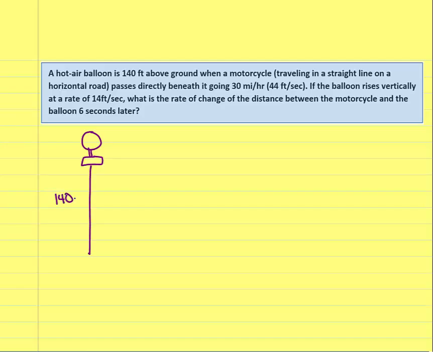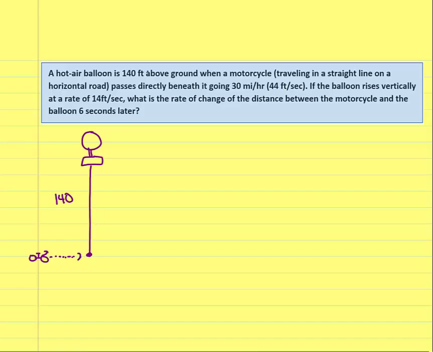And then we have this motorcycle that's coming along in this direction. This motorcycle is traveling in a straight line on a horizontal road, following this line right here. It passes directly underneath the balloon, and it's going 30 miles per hour, which is 44 feet per second.